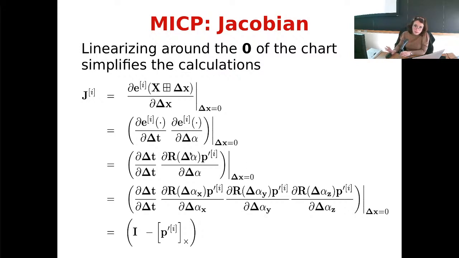Then, if this convinces you, you can further move on and split the derivative with respect to delta alpha into derivatives with respect to delta alpha x, delta alpha y, and delta alpha z. This is just a matter of computation, okay?